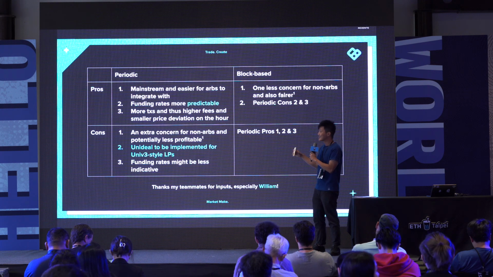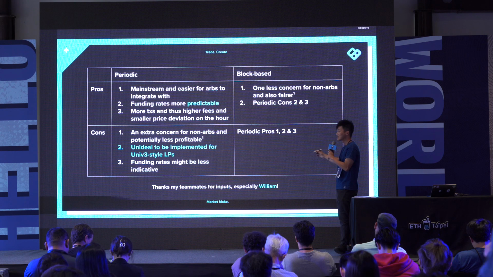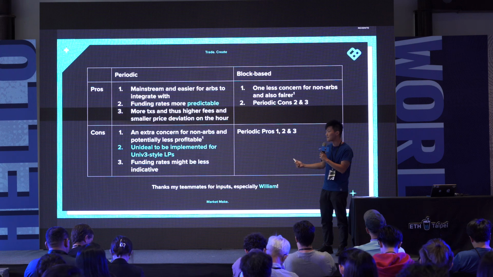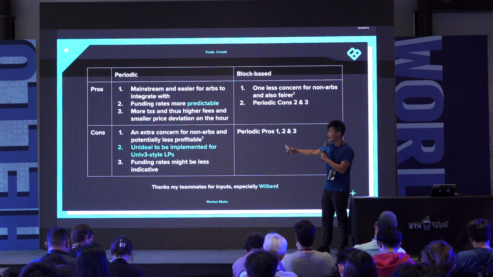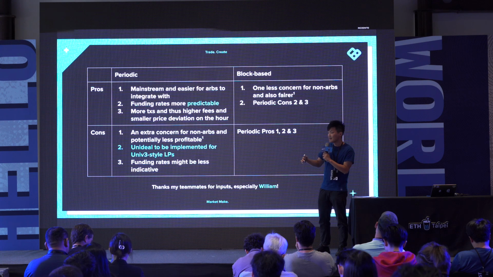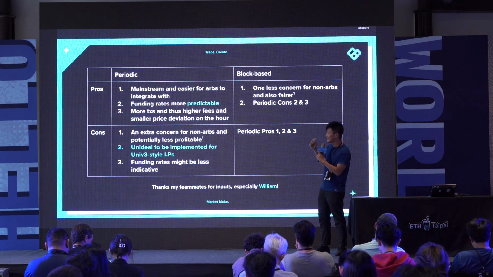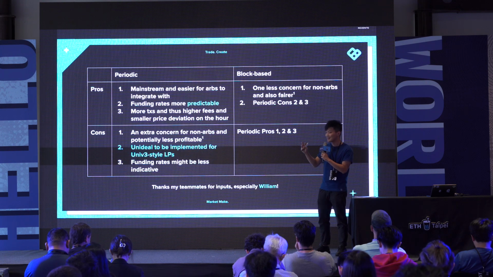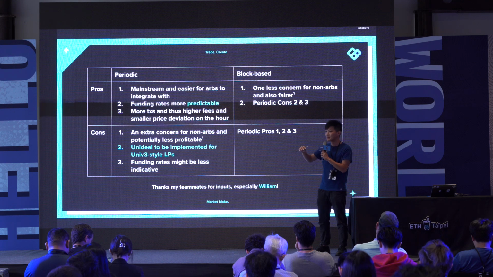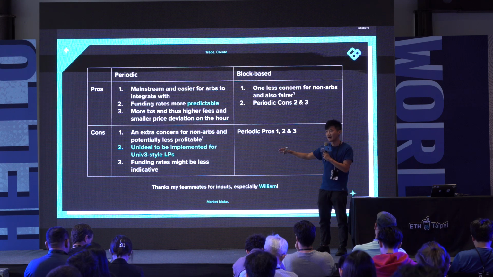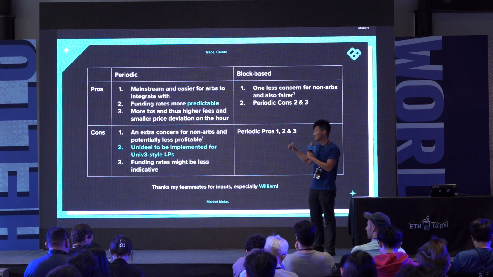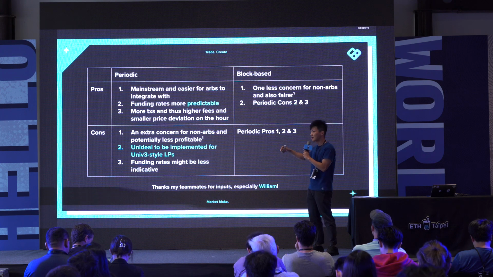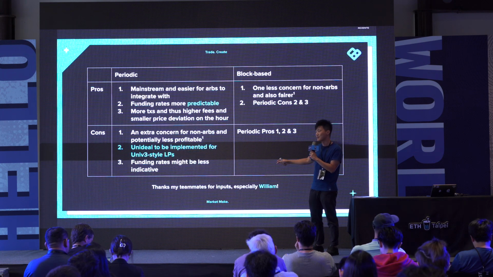Compared to block-based funding exchanges, where traders trade at any time because they don't have to care about funding, on periodic funding exchanges they have to pay attention to the time. So it is less indicative, since some transactions happen on the hour instead of being spread out evenly. So if people are using funding rate charts from an exchange, it is better to use block-based funding instead of periodic.